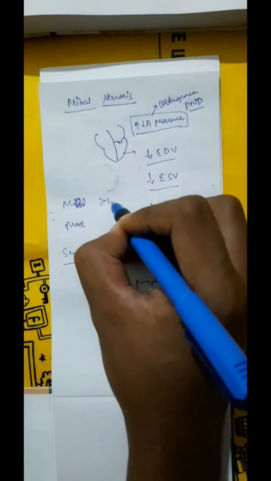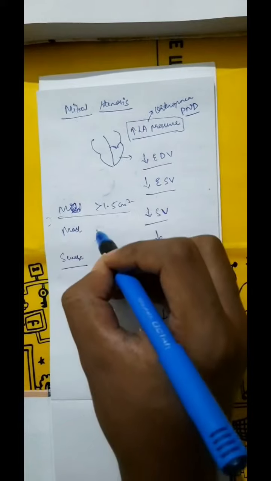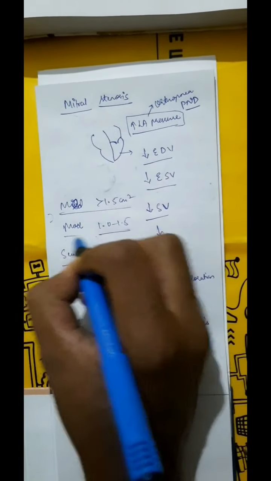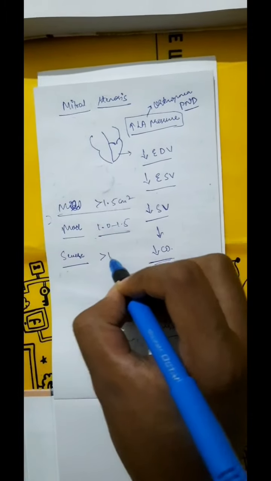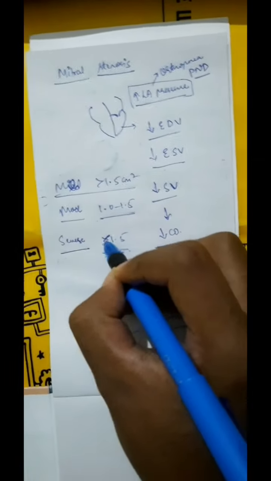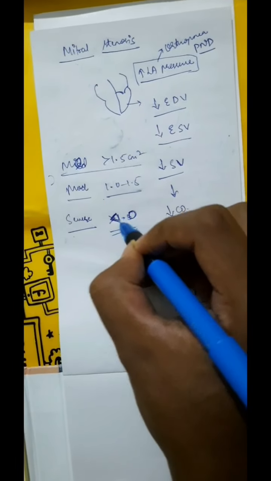More than 1.5 square centimeter is mild, 1 to 1.5 is moderate, and severe is less than 1. This refers to the valvular area.